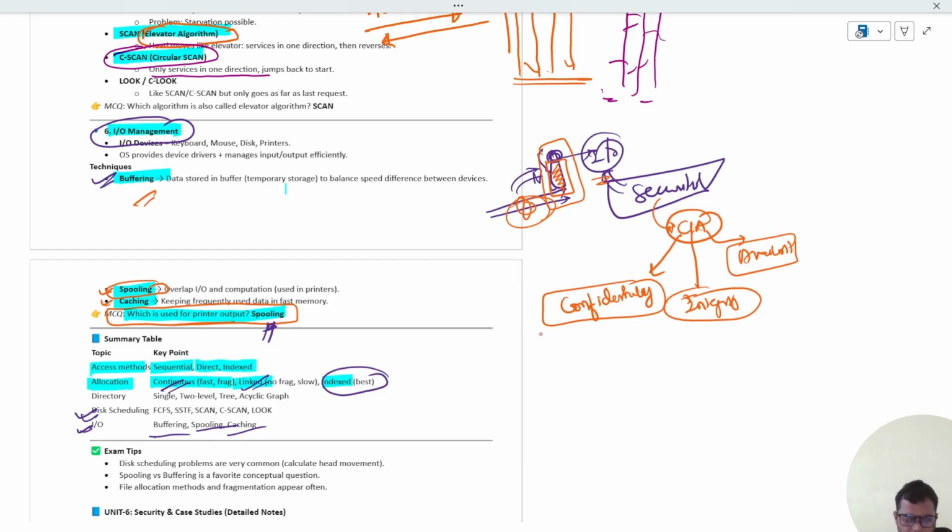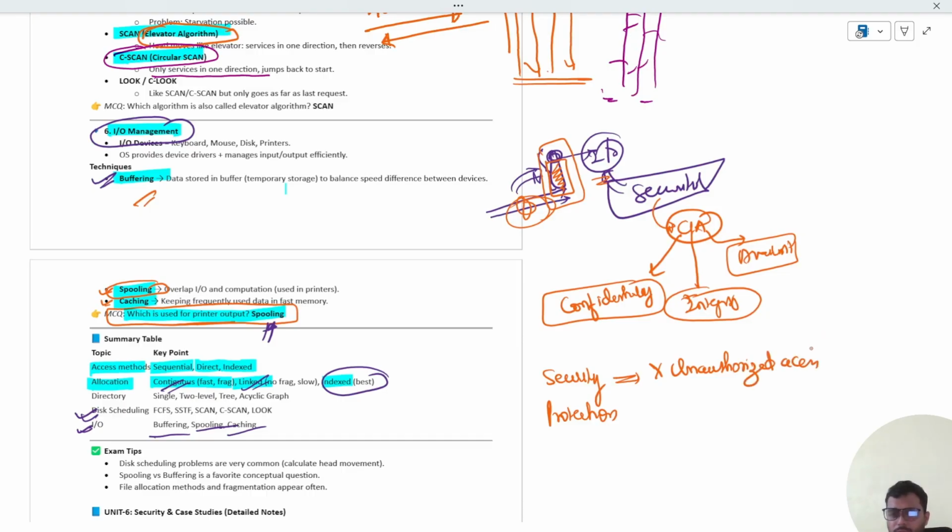Now, what is the difference between security and protection? There are two terms, security and protection. Security basically means preventing unauthorized access.